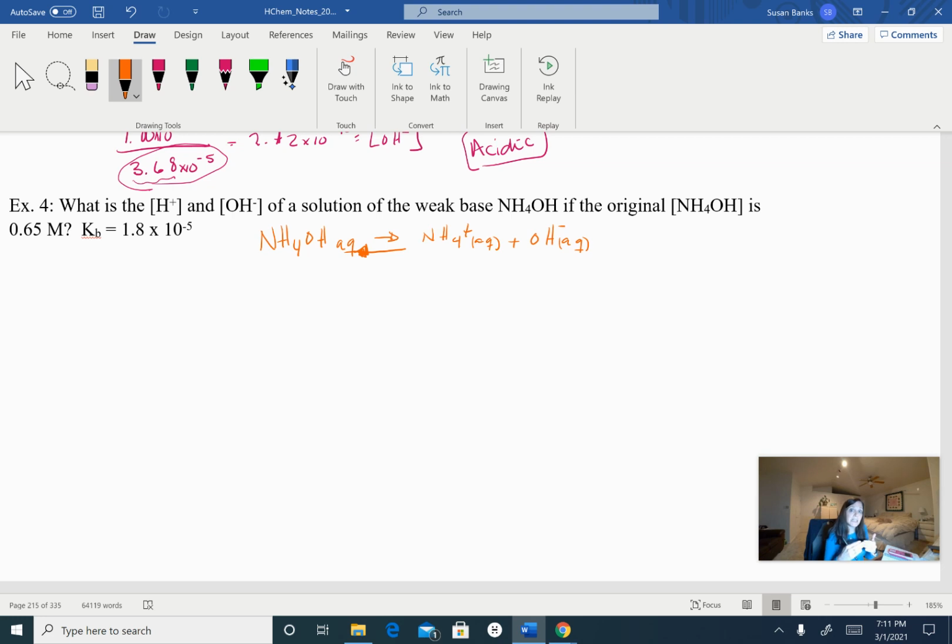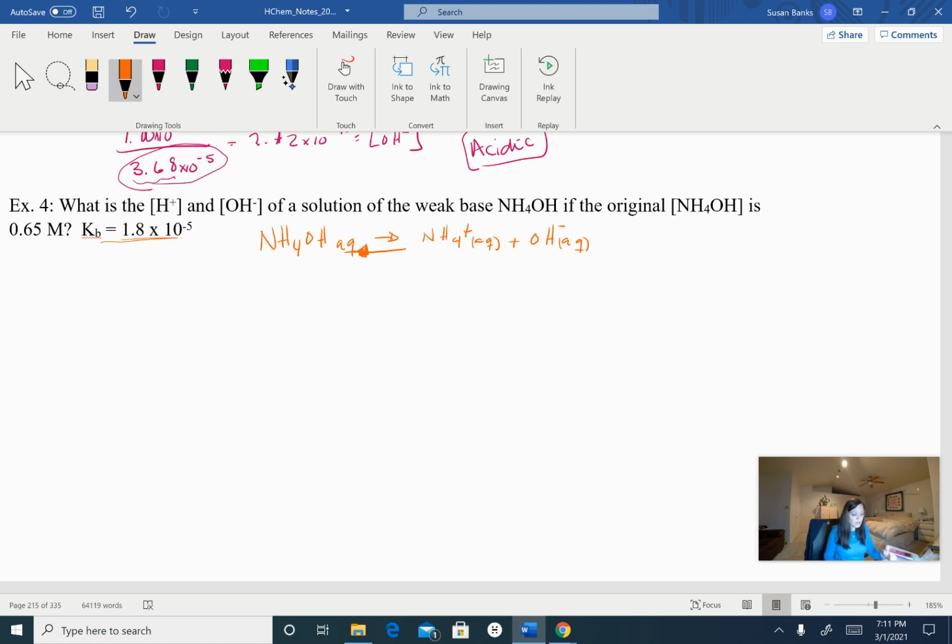The rates being equal mean that it is an equilibrium, but it doesn't mean that there are equal concentrations of both reactants and products. In this case, we know that because this equilibrium constant is less than 1, the reactants are actually favored. We will have more reactants in this solution than we have products. And let me show you why.